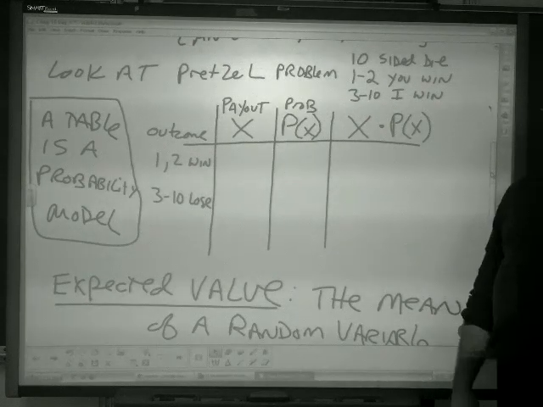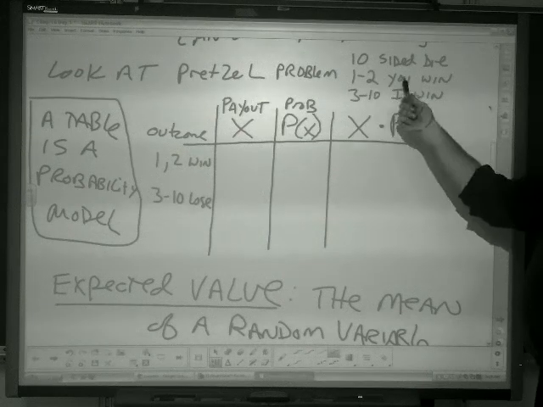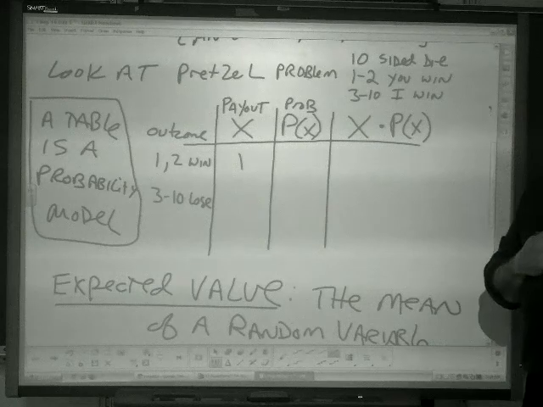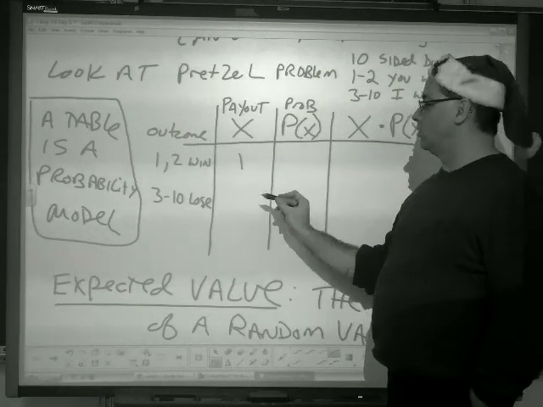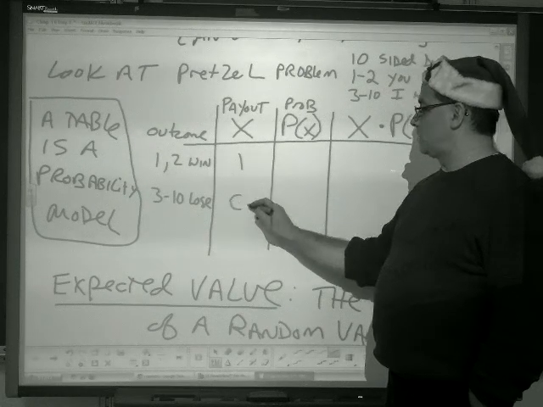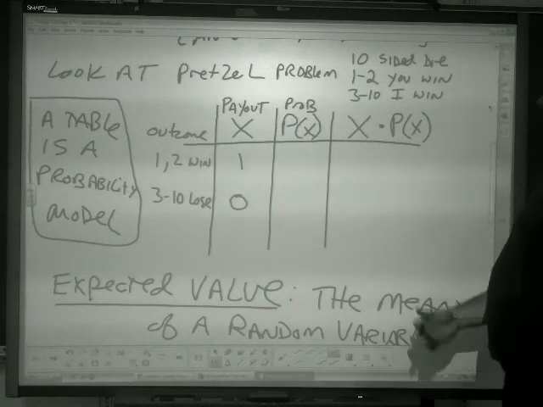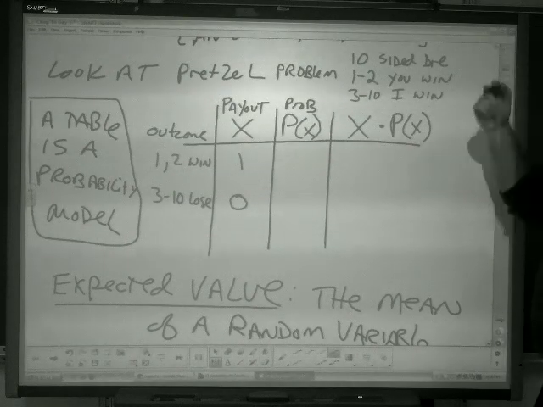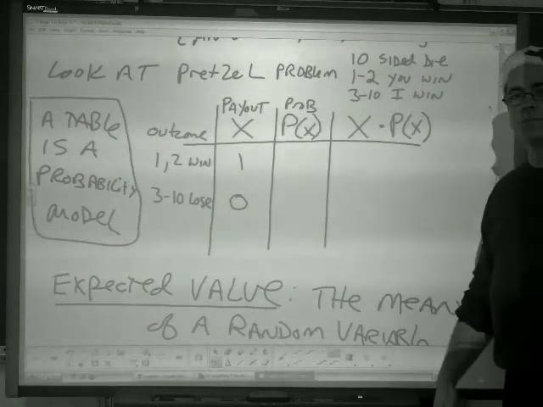So let's think about the pretzel problem. 1 and 2, you win. If you win, the payout to you was $1. If you lost, you got a 3 to 10, the payout to you was nothing. You still got the pretzel, which was good, but from a payout standpoint, I paid out to you either $1 or nothing.